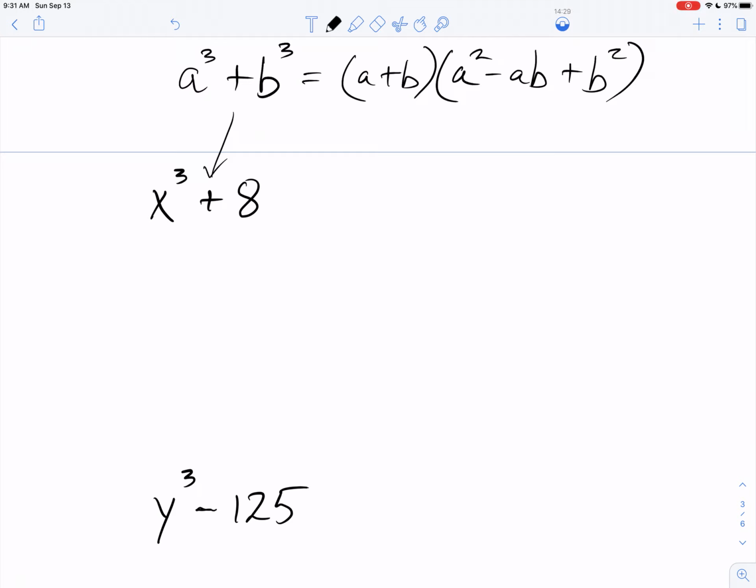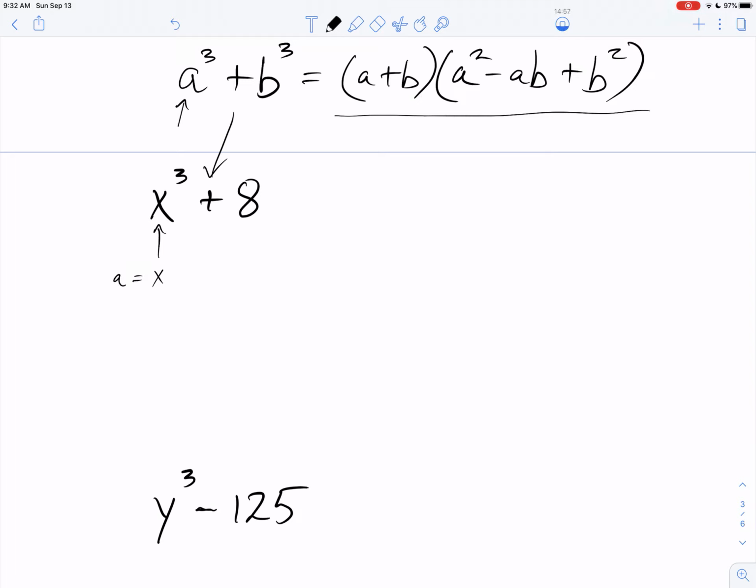I got to plug stuff into this. So in this case, instead of A, what do I have? What times itself 3 times is x cubed? Well, x. X times x times x is x cubed. So everywhere I see an A in this formula, I'm instead going to put an x.